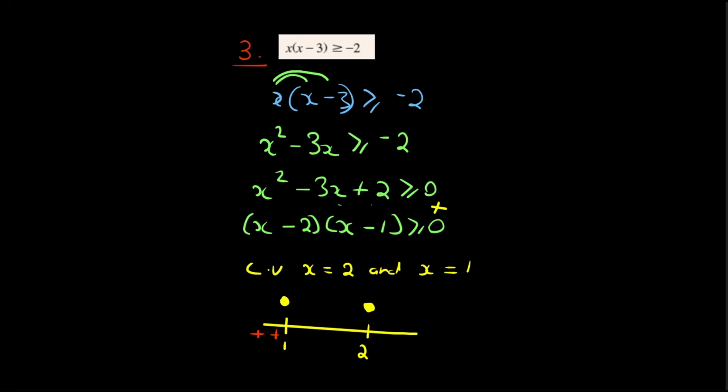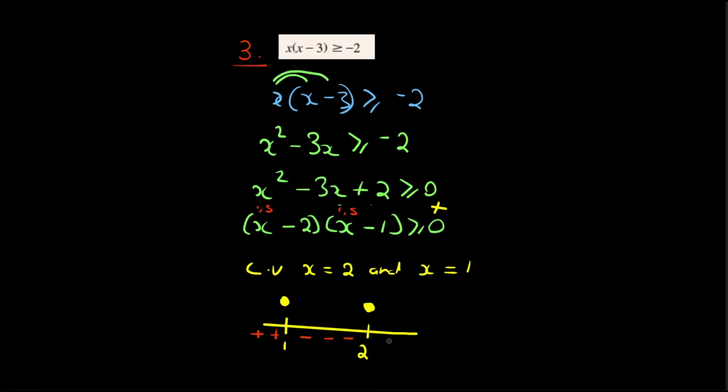If we substitute a number in between 1 and 2, for example 1.5 or 3/2, and we calculate, you get a value that's negative 0.25, so that's negative.